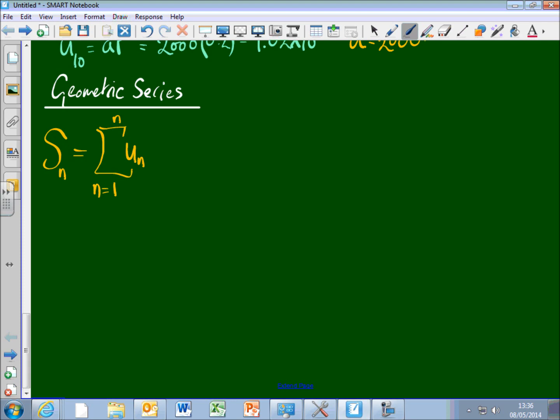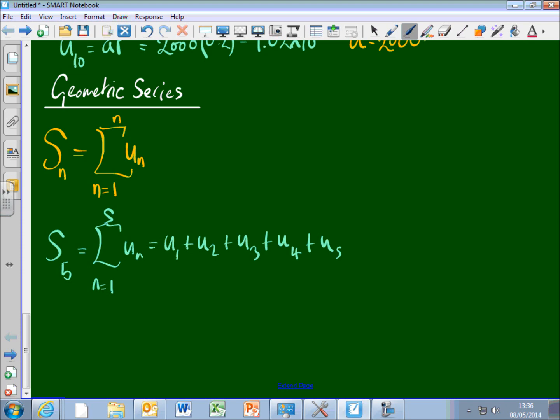So if it said I want the sum of the first 5 terms, another way of writing this is I want to add up from the first term to the 5th term of that sequence un. That's including the 5th term, yeah. So this would be u1 plus u2 plus u3 plus u4 plus u5. You see how that notation works?